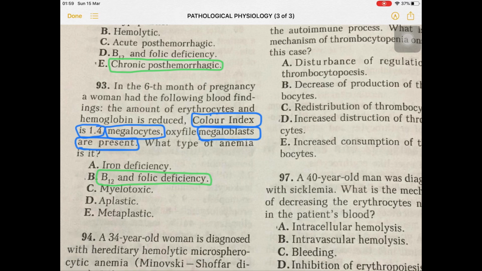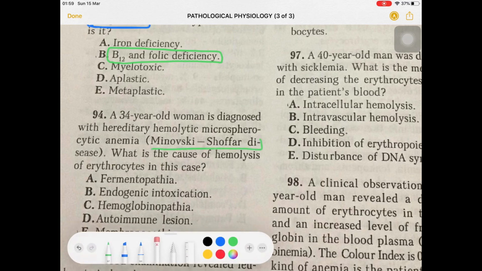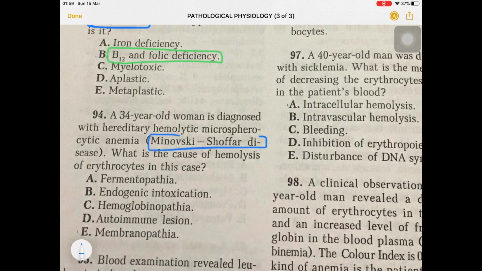Moving further, question number 94. Again they are talking about Minkowski-Chauffard disease. We have already talked about that in the previous questions: in this disease we have a membranopathy, and spherocytosis may happen, which can be hereditary.